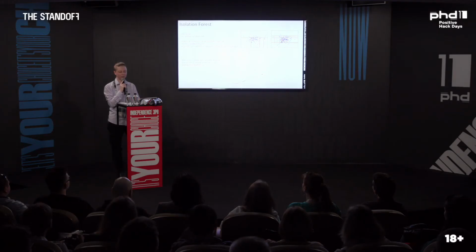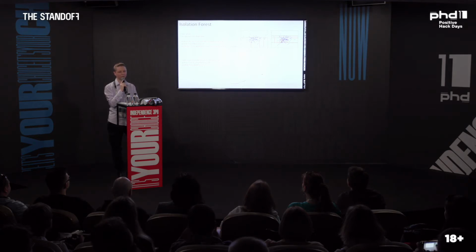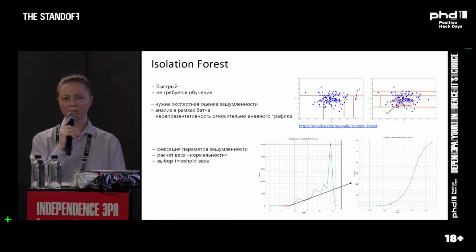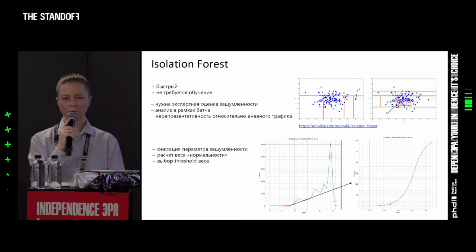That's why we decided to use isolation forest. This algorithm is based upon trees, and it isolates each point and identifies normal points and anomalies. If it was very easy to isolate the point, and it stands out far away from the main number of points, it is marked as an anomaly.